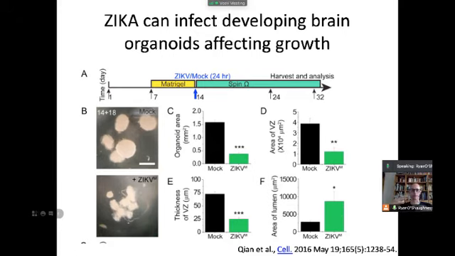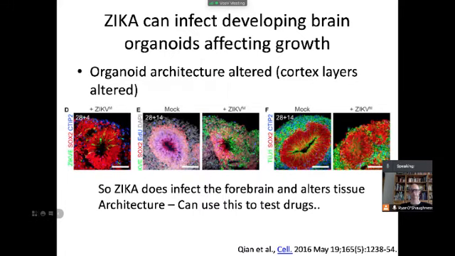So Zika infection was clearly affecting developing brain organoids, and therefore we could assume or postulate that Zika could infect a human brain and cause these problems during development of a baby. You could see by immunofluorescence that the organoid architecture was altered.